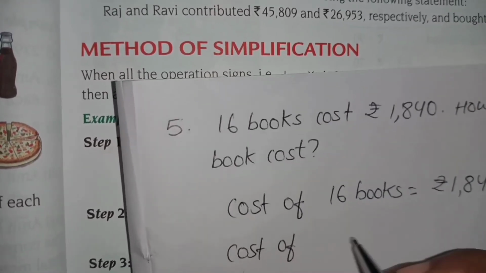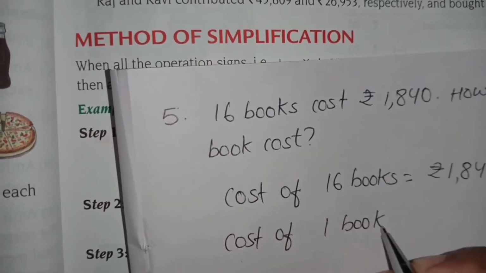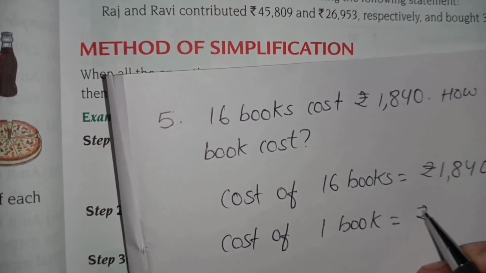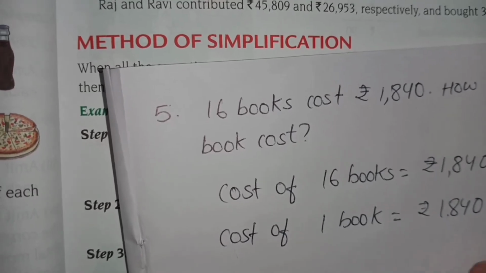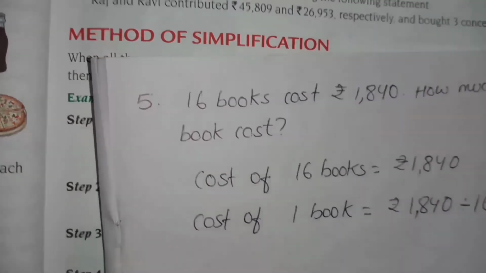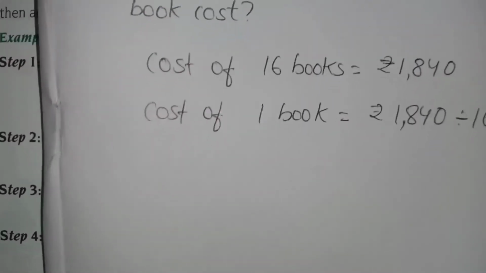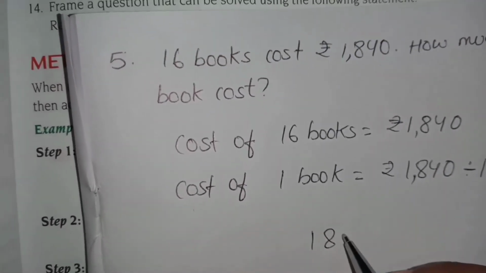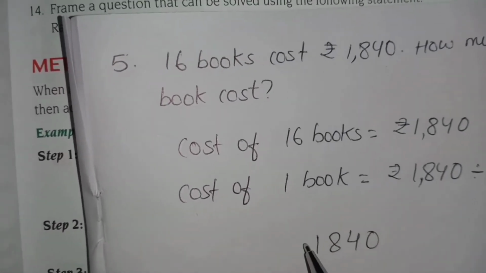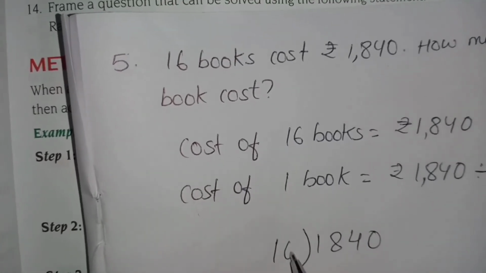Cost of one book is equal to rupees 1840 divided by 16. By dividing, we will get the cost of one book. So now let's divide here. 1840, this is the dividend and this is the divisor.